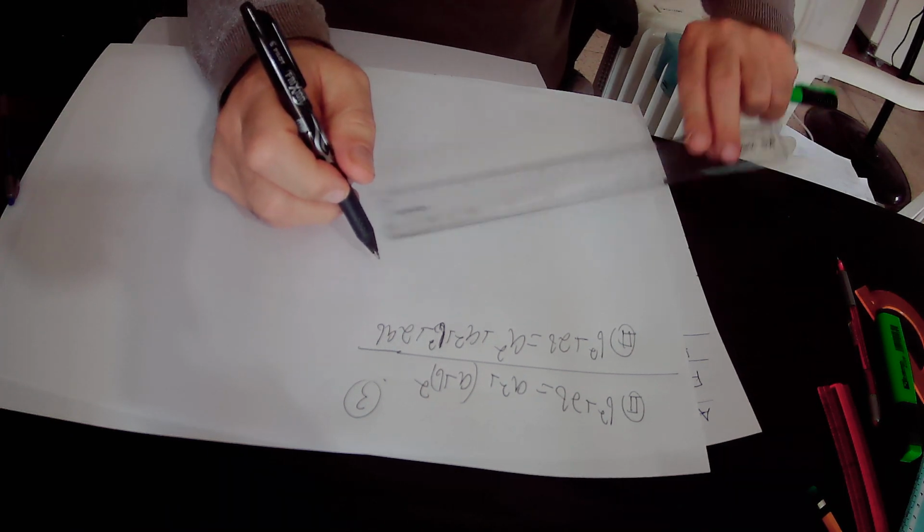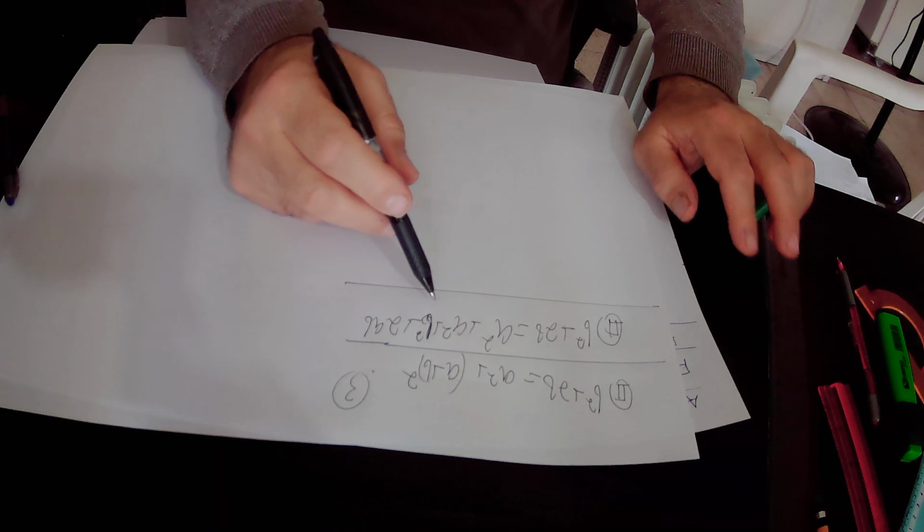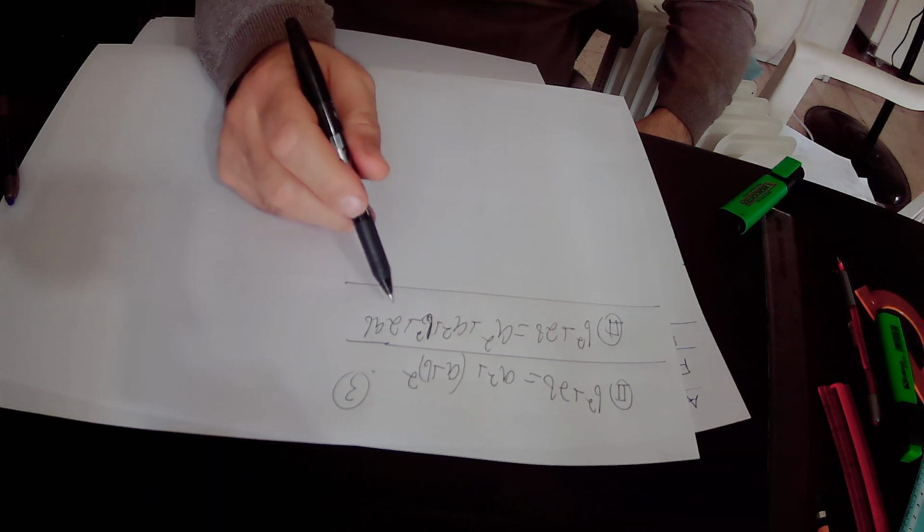So according to equation 2, we found out that b squared plus 28 equals a squared plus a squared plus b squared plus 2ab.